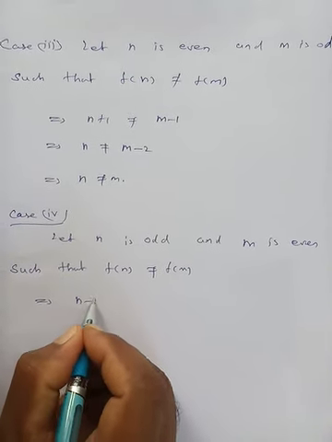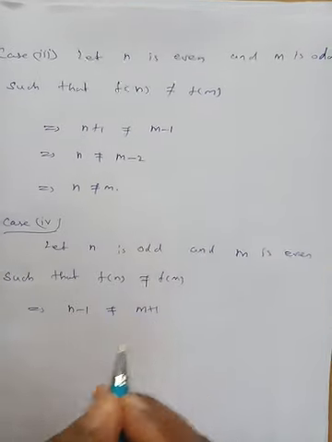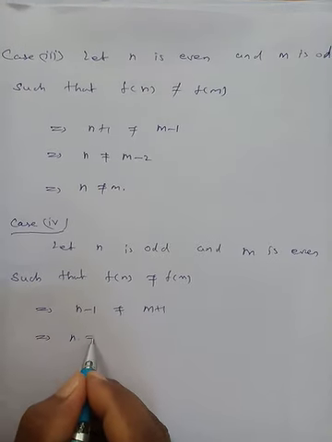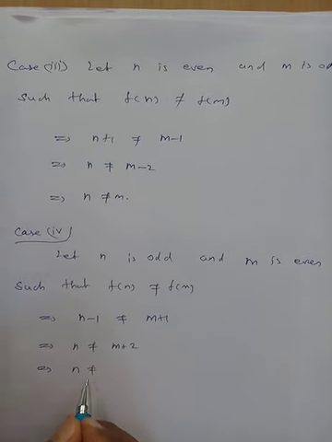The function n minus 1 is not equal to m plus 1 since m is even, which implies n is not equal to m plus 2, so n is not equal to m.